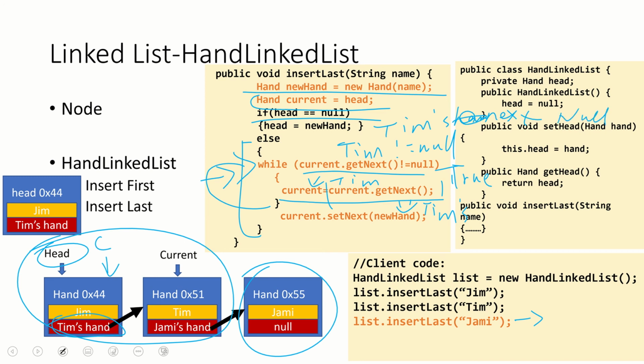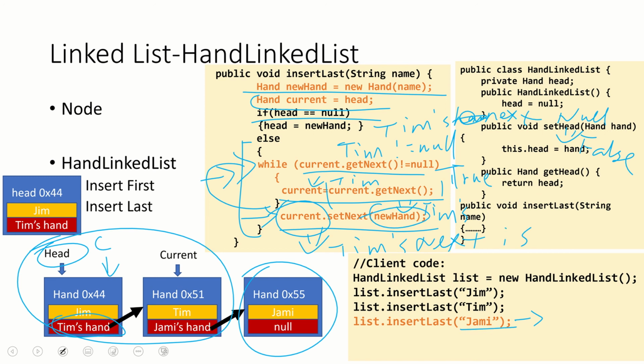So none is not equal to none, which is return false. Which means we jump out of the while loop and reset the next. So the current one is team. Team's next is new hand. New hand is Jamie, right? So Jamie's hand. Okay, then we link these three together.